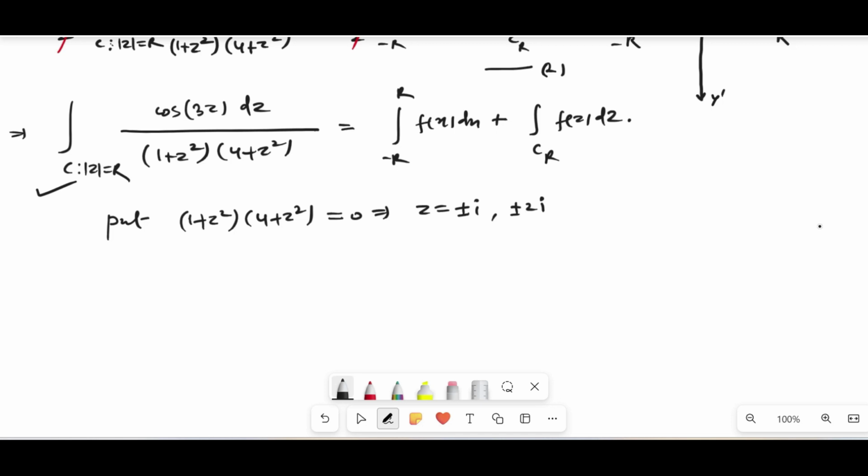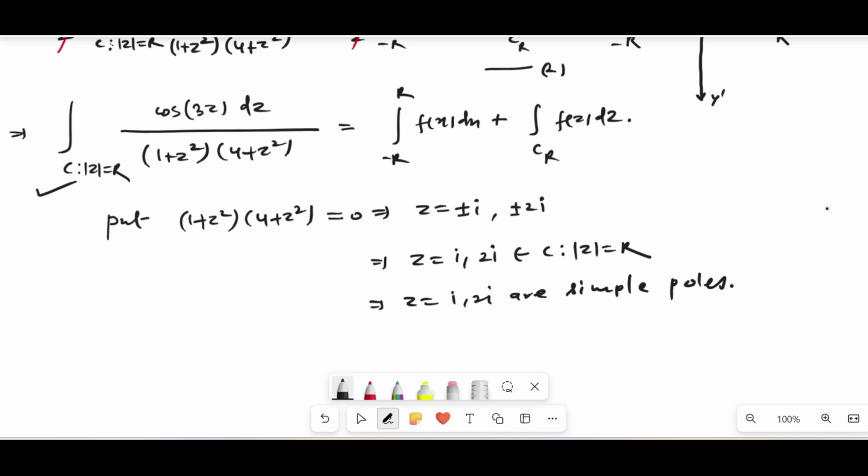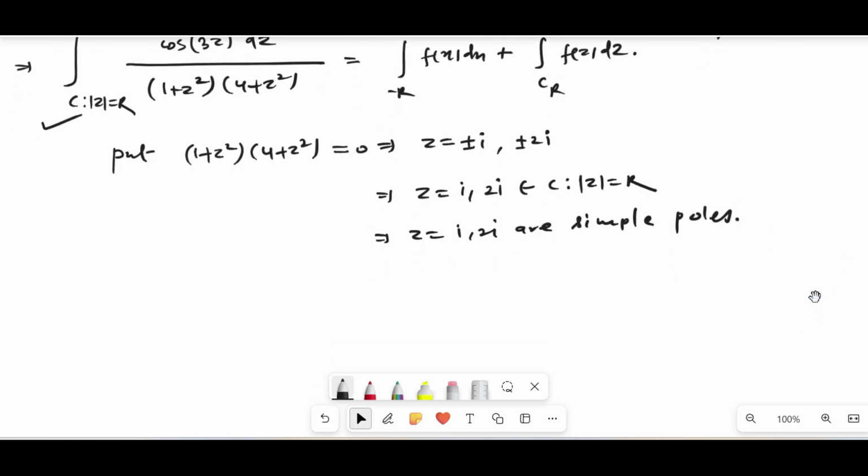So out of this only z equal to i and 2i belong to the upper half circle, mod of z is equal to r. So we can say the values of z, that is i and 2i, are simple poles.